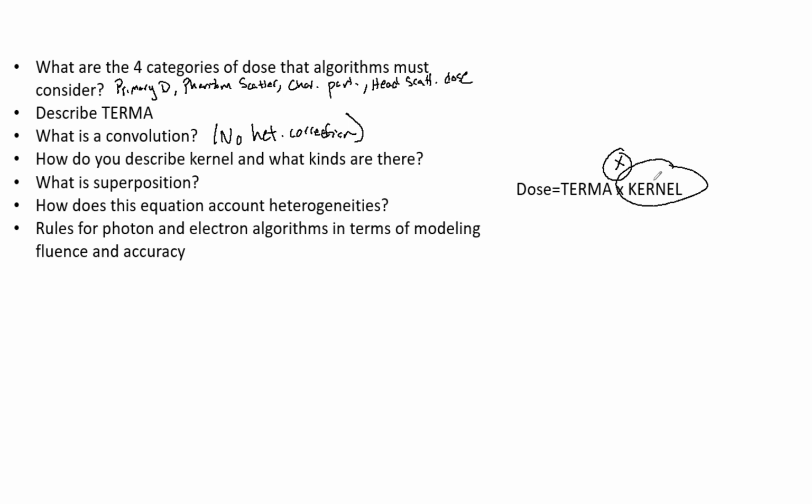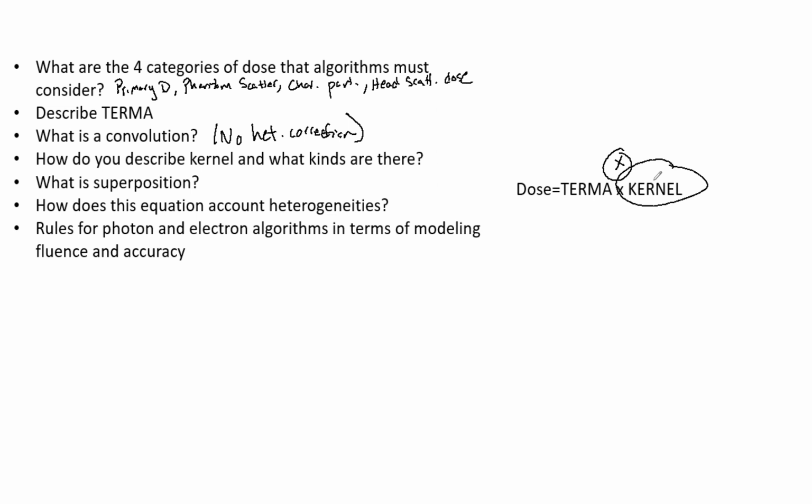So how can that account for heterogeneities? Essentially, the kernel can be scaled based on the density of the material. And then what are some general little rules? Photon calculations work better at low energies, and they are very good at modeling primary fluence, but they do have to approximate the secondary interactions.